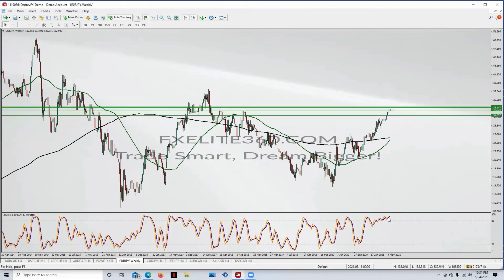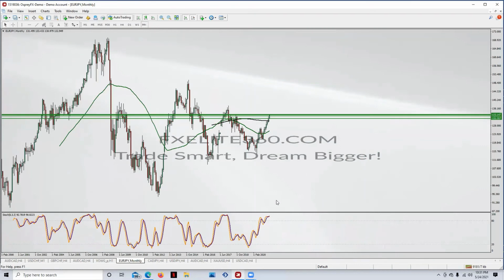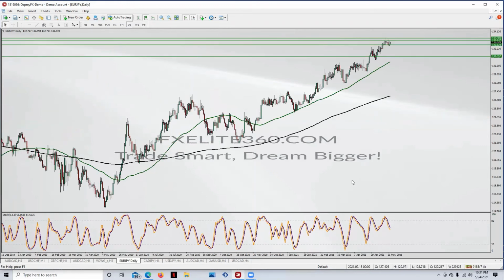And also stochastic is completely buried on the weekly. Monthly, completely buried. And then daily, while price is sitting here, daily stochastic is moving down, which means price could potentially continue moving down.